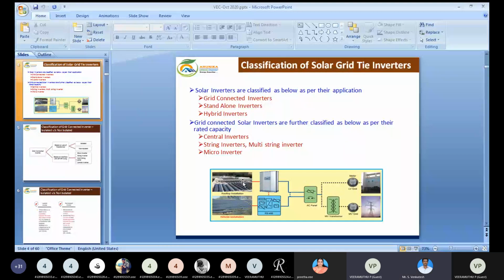Suppose during the daytime there is no load, the generated solar energy is exported. When the load is high, the demand energy is taken from the electricity board. So this is called string inverters.